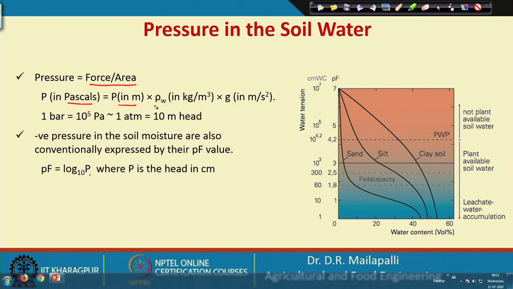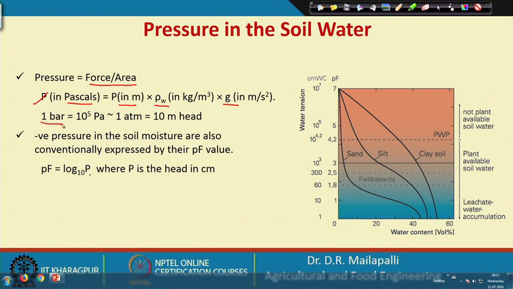If you have rho w, the unit weight of water in kg per meter cube, and g, the acceleration due to gravity, the product of all three gives the pressure in pascals. So P is in head, that is, head of water in meters.